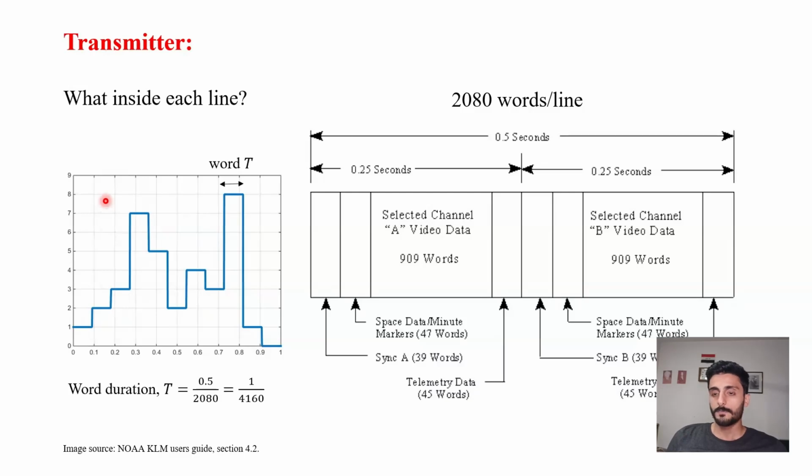So, for example, if we know that each line has 2080 words and its duration is half a second, we can know the duration of each word, which is typically this duration. This information is important, and we will use it in the demodulation and in the decoding.